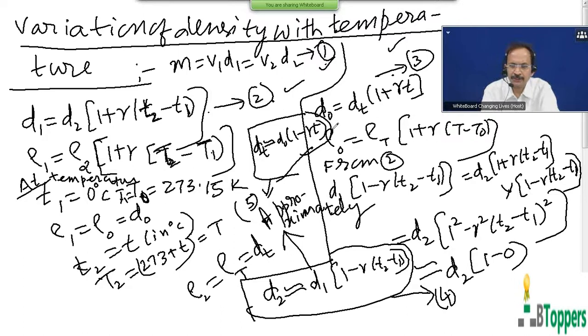These equations 1, 2, 3, 4, 5 are applicable both for solids as well as for liquids.